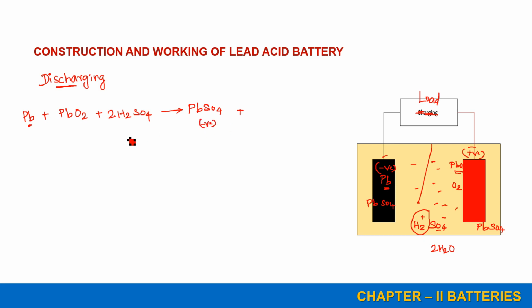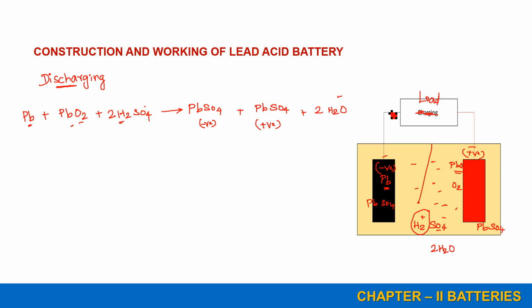And then at the positive electrode, the lead peroxide also becomes PbSO4, and you have the hydrogen sulfate. The sulfate reacts with the Pb, and the H2 and O2 form water. So here your chemical reaction will be like this. This is the discharging condition.